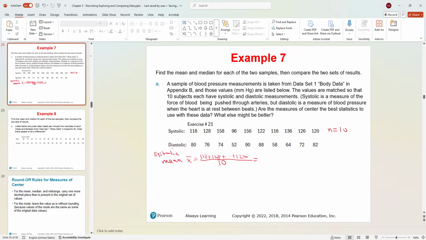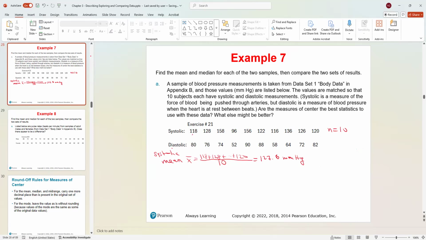So the mean of this data set for the systolic one is 127.6 mmHg. Now, to find the median, you need to reorder your data from the smallest to the largest.